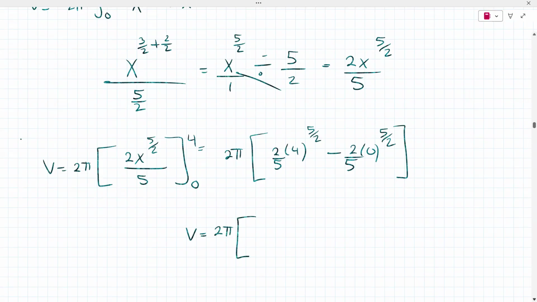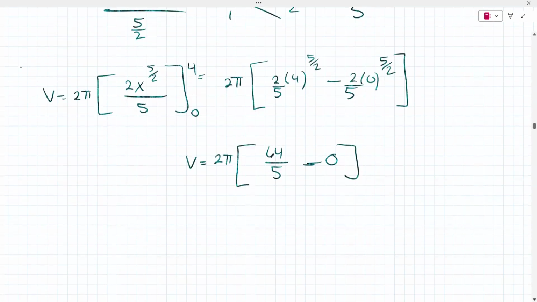When you put that in the calculator, 4 to the 5/2 times 2 is 64, over 5, minus 0. So when you put it all together, you should get V equals 128 pi over 5.